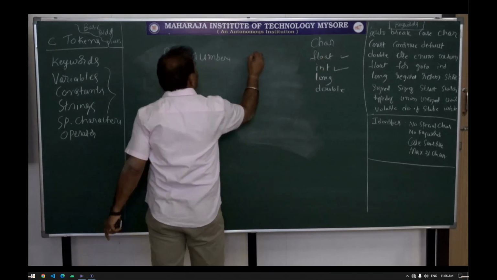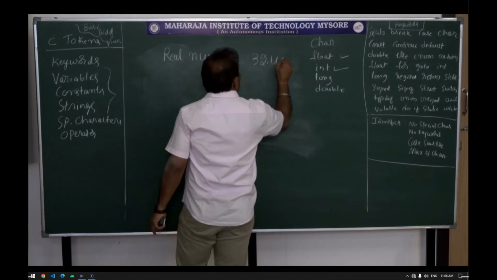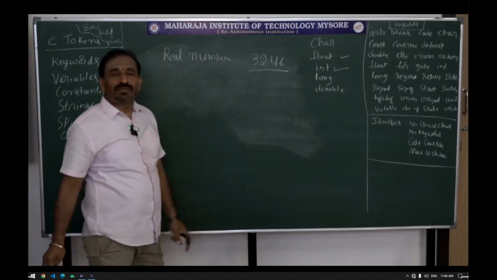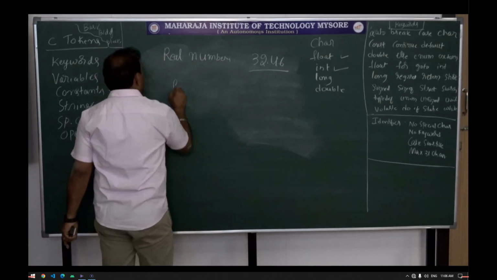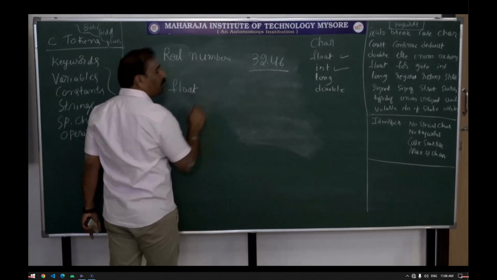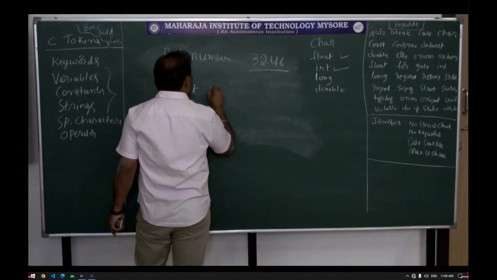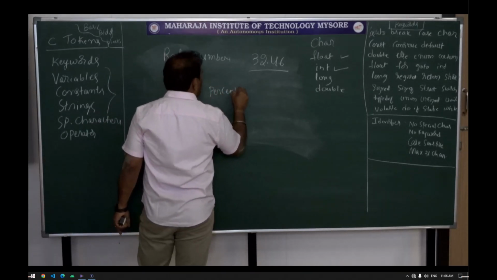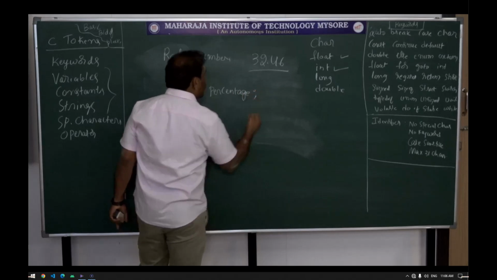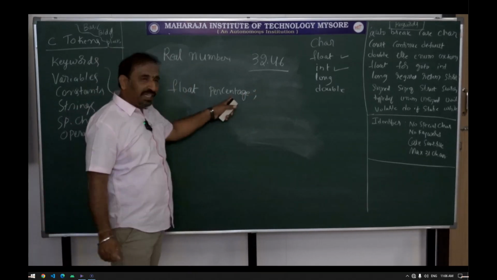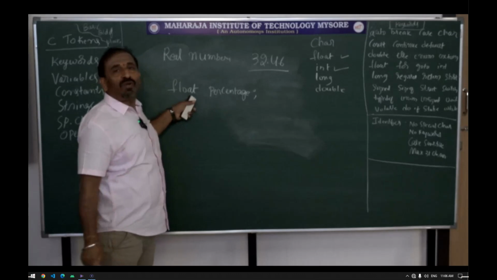Float, for example, I would like to store 32.46. I am trying to represent it like this. Float percentage. Percentage is a variable which is of type float.